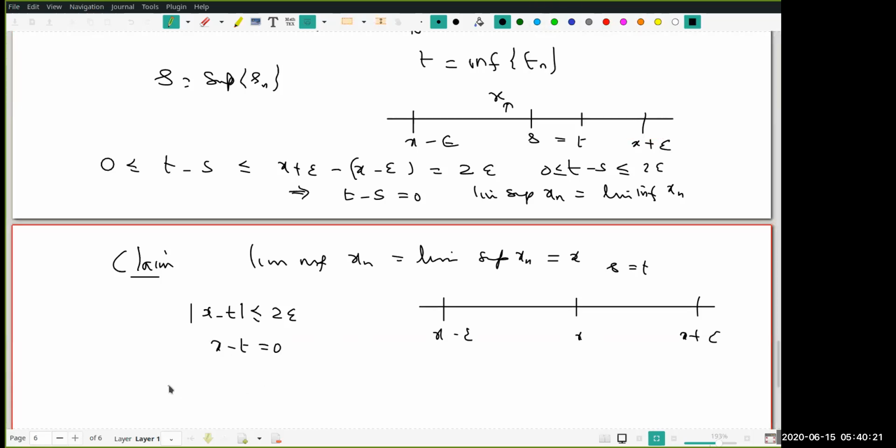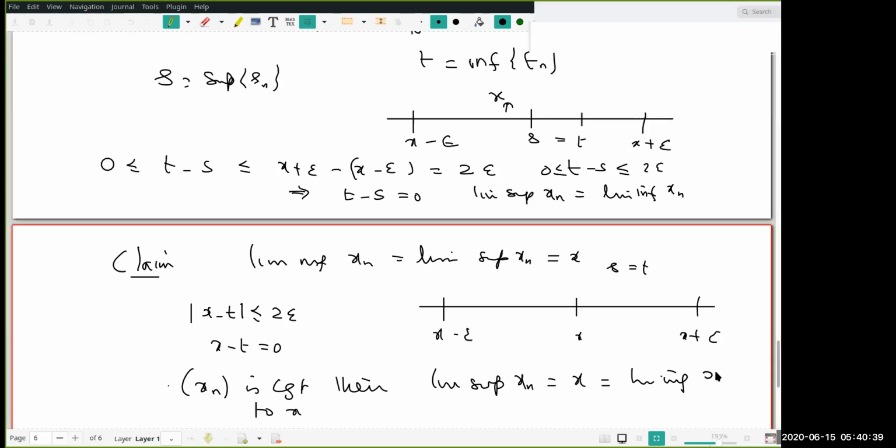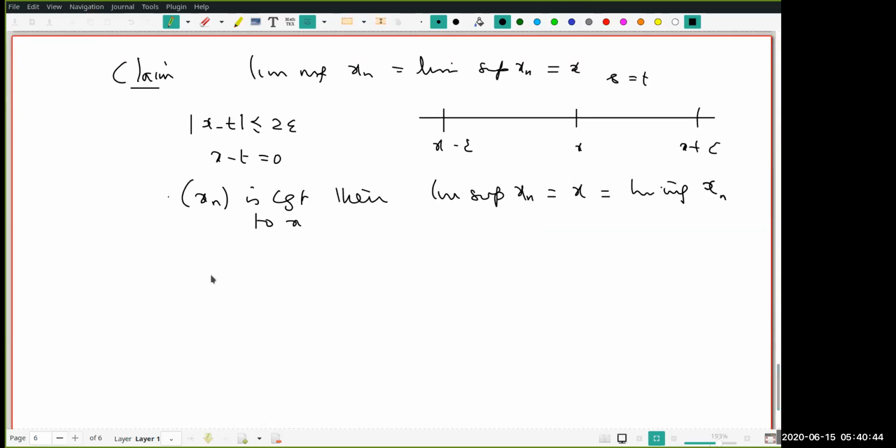Therefore, what you have shown is, if xn is convergent to x, then, in other words, let us write it, which looks a little better: lim sup of xn equals limit of xn equals lim inf of xn.